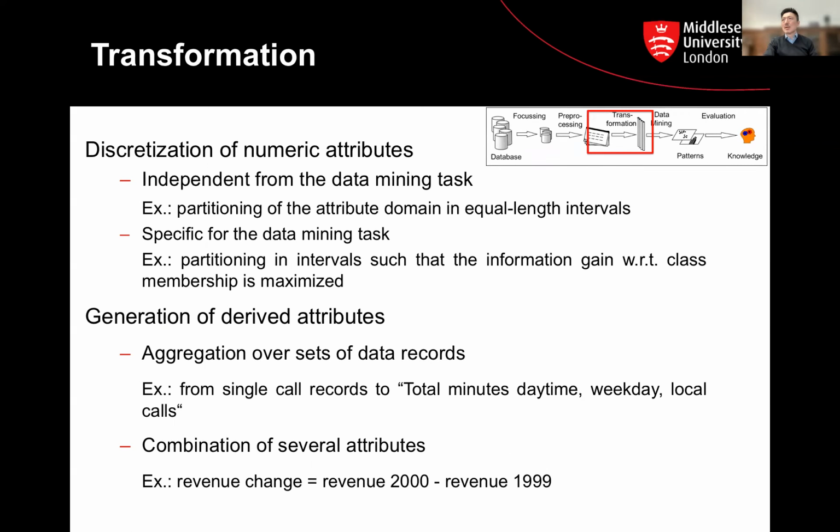steps. Next one will be the transformation. One of the common tasks in transformation is discretization of numeric attributes. That depends on the type of algorithm you want to apply, and some of them cannot handle continuous values. For example, the amount of time people spend calling each month is a numerical value.